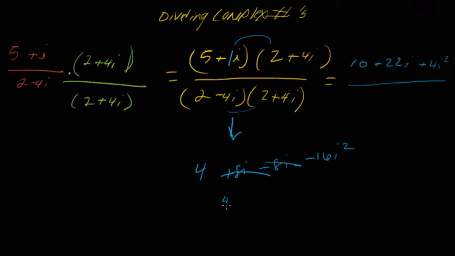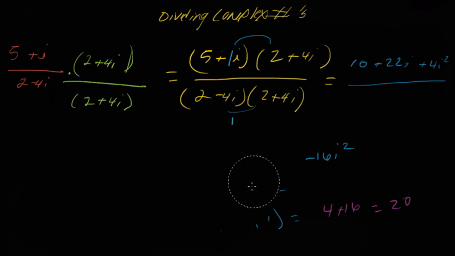Then I'm left with 4 minus 16i squared. 4 minus 16 times negative 1, because remember i squared is equal to negative 1. Then I'm left with 4 plus 16, which is equal to 20. Okay? So we're going to go ahead and write 20 in our denominator here.